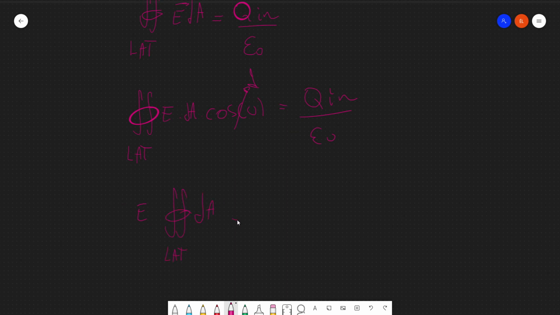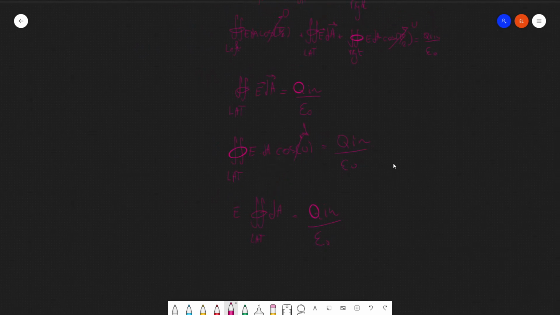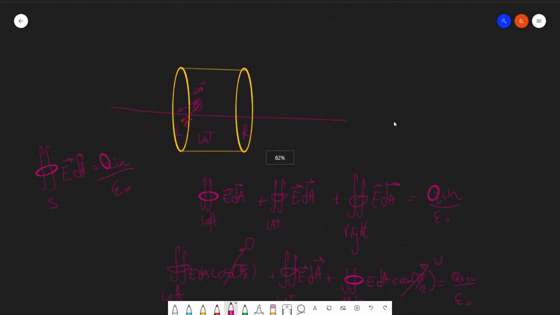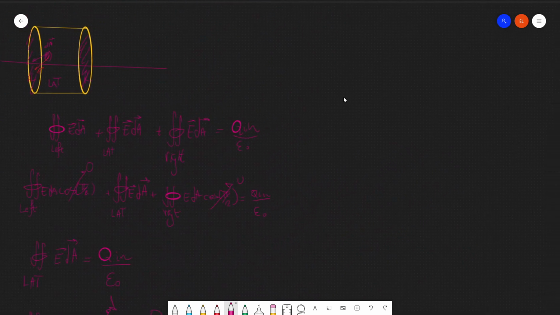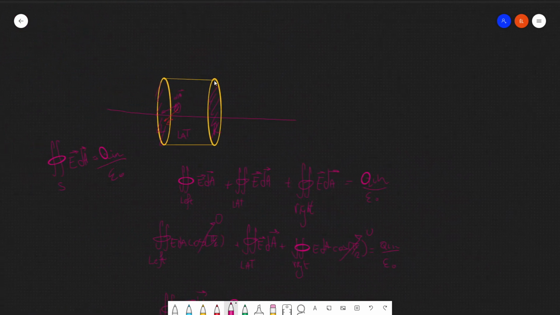Now this is a question that was on the university entrance exam for Brazil. What I'm gonna do now is calculate this area over here. There is a lateral area, the right and left areas, which we are not gonna take into consideration because we proved that it's 0. But the lateral area: let's say this is a toilet paper roll, and we want to calculate the area that the paper takes to enroll this cylinder.